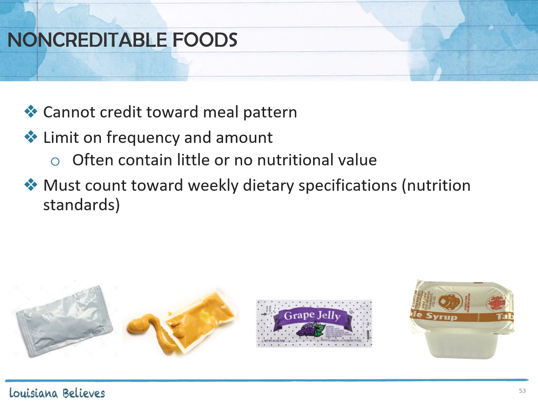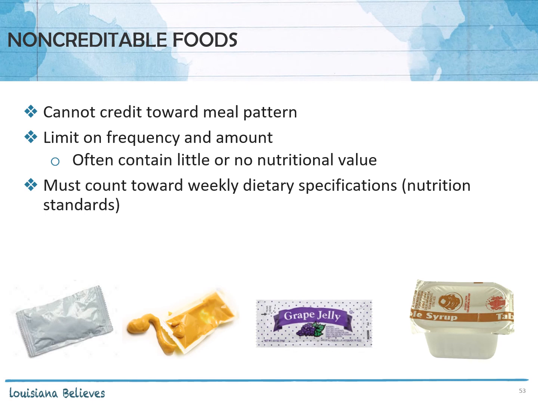Menu planners should limit non-creditable foods in the school menu. These foods often contain little nutritional value and are high in fat, sugars, and sodium. Menu planners should read labels and be aware of ingredients in foods and limit the frequency and amounts of less nutritious choices.